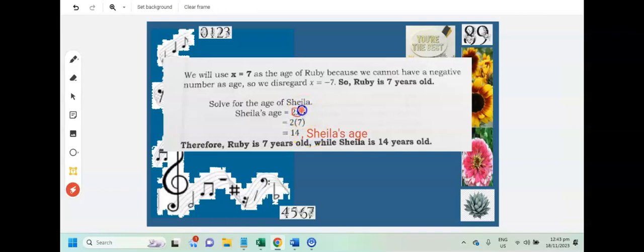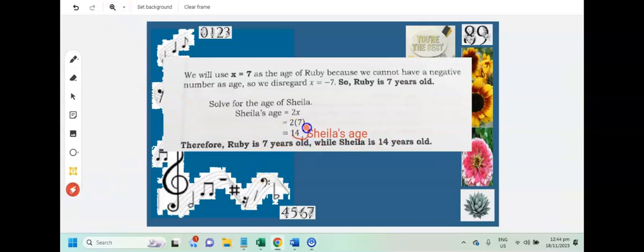Ilisa na to ang letter x, ang variable x with 7. So we say and write 2 times 7. Then we perform multiplication. 2 times 7 is 14. Therefore, Ruby is 7 years old while Sheila is 14 years old.